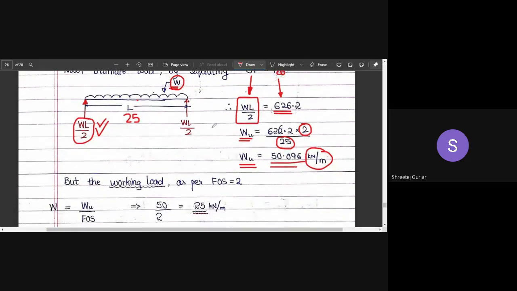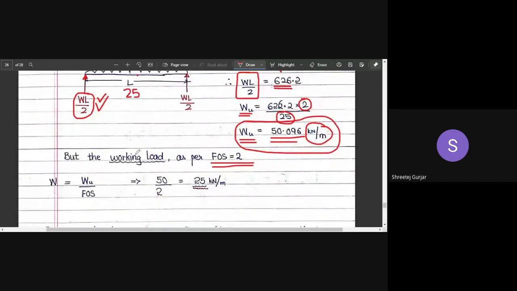They have told us that they have used a factor of safety of 2, and after using this, they have arrived at WU, that is nothing but 50 kilonewton per meter. So working load we need to calculate now. This is the ultimate load, which is WU.